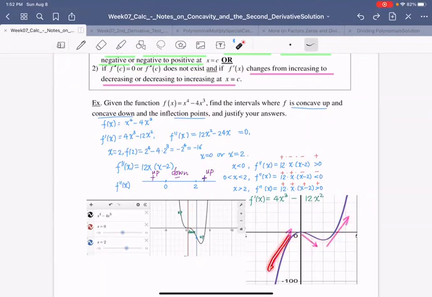As long as your first derivative is changing from increasing to decreasing on this point, this is an inflection point. From here to here at x equals 2, this curve, your first derivative, is changing from decreasing to increasing, okay? So this is also the inflection point.